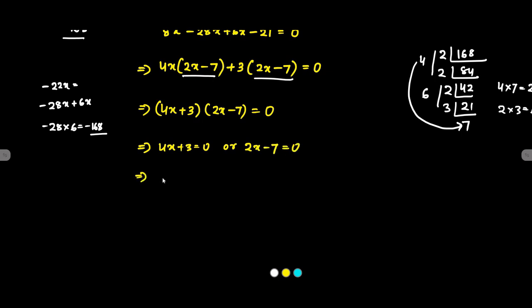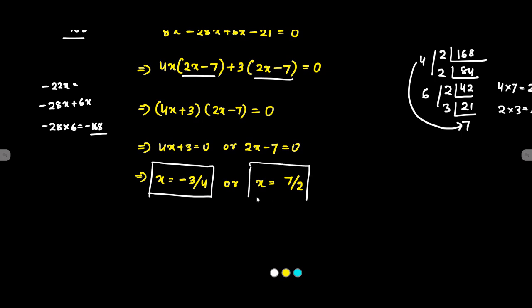That implies x is equal to −3/4, or x is equal to 7/2. These are the two roots, or solutions, of the quadratic equation.